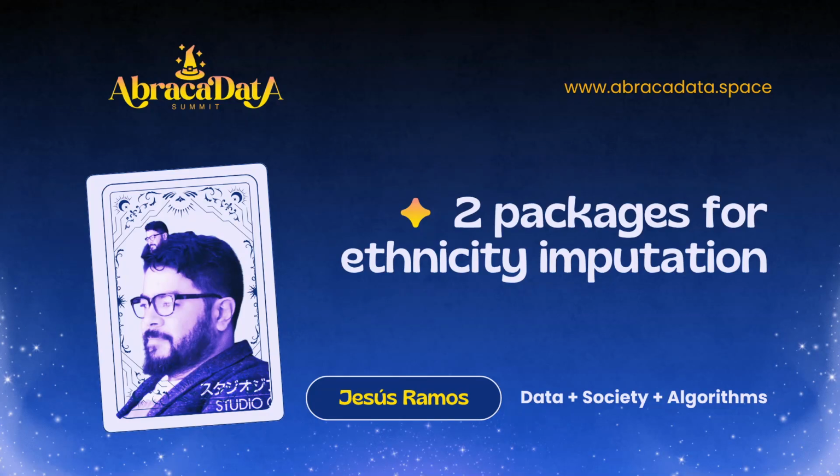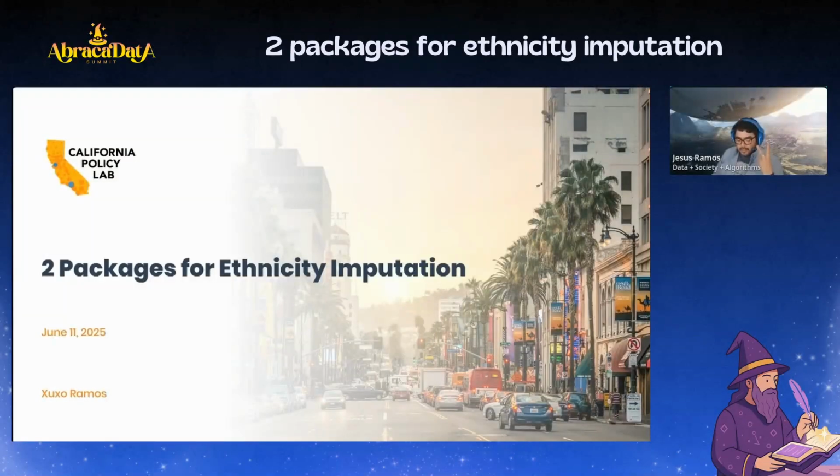What we're going to cover here is two Python packages that we use at California Policy Lab that we're experimenting with for ethnicity imputation. As it was said before, this is in the private sector.